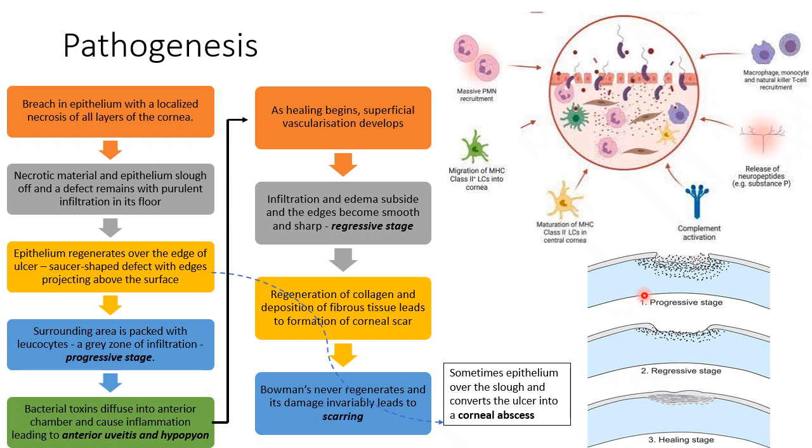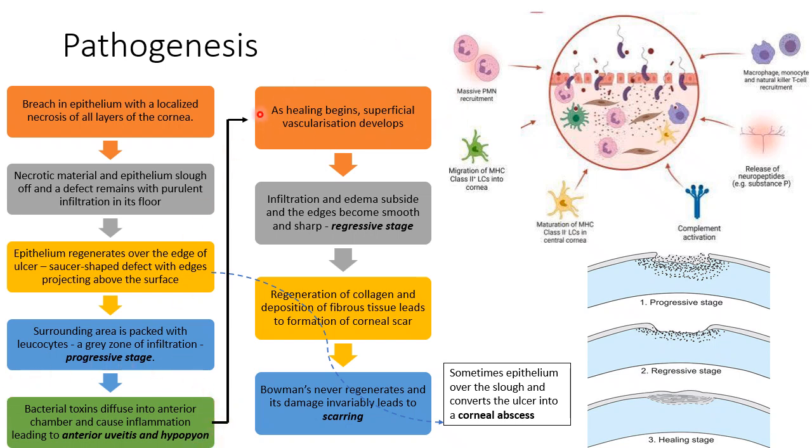Okay, that serves as a barrier. When we read about anatomy, we read how strong and tough and elastic the Descemet membrane is. So the bacteria cannot pass through, but the little toxin molecules can leak into the anterior chamber, inciting an inflammatory response to the iris and the anterior chamber in the form of anterior uveitis and hypopyon. So again, a part of the progressive stage.